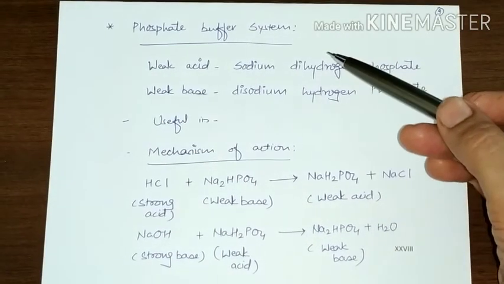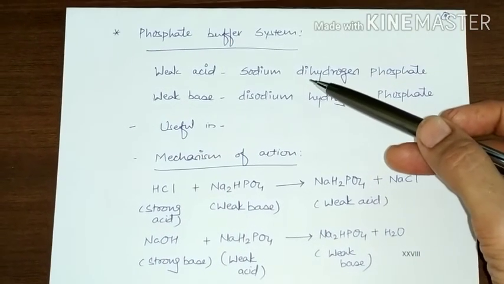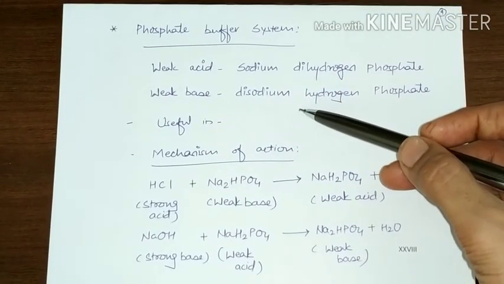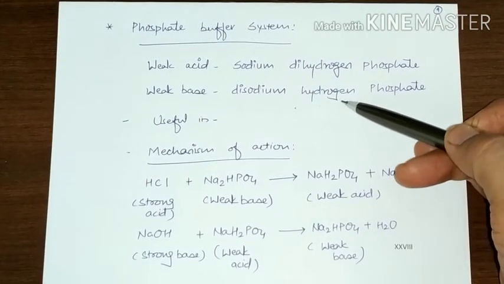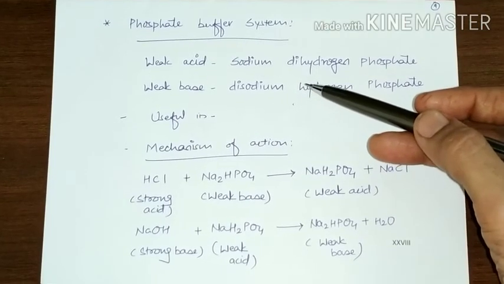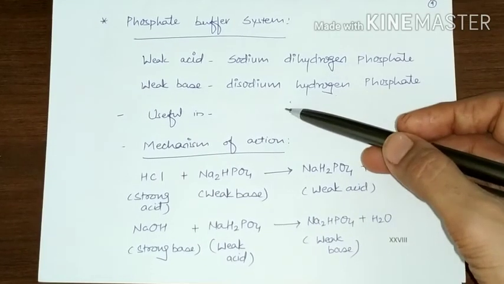Next is the phosphate buffer system. The weak acid is sodium dihydrogen phosphate, NaH2PO4, and the weak base is disodium hydrogen phosphate, Na2HPO4. The phosphate buffer system is important in the intracellular fluid.